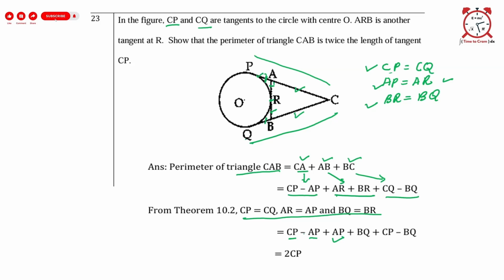Here you get minus AP plus AP, so they cancel. Now BR equals BQ, so we will replace it by BQ, and CQ we will replace by CP, and BQ we keep as it is. Why? Because this BQ and this minus BQ will cancel. So CP plus CP means 2CP. So the perimeter of triangle CAB is double the length of the tangent.